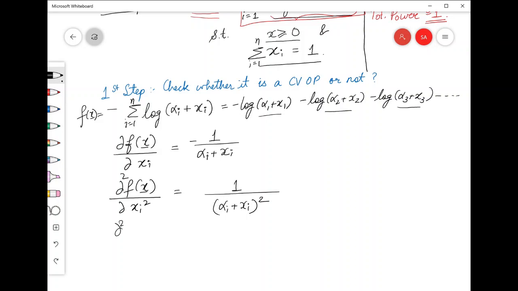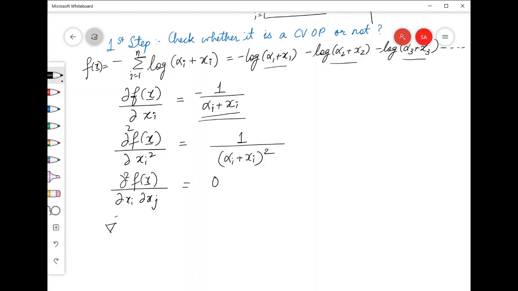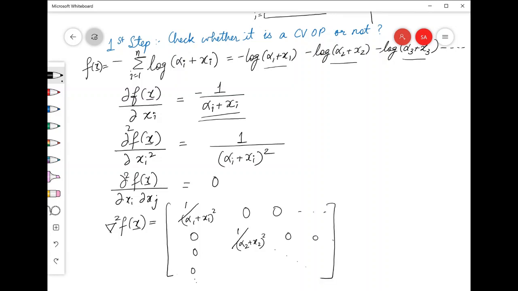What about the second derivative of f(x) with respect to x_i and x_j? This one does not depend on x_j, so it will be equal to 0. So the Hessian of this function f(x) I can write as 1 over (alpha_1 + x_1) squared, then all zeros, then 1 over (alpha_2 + x_2) squared, and so on. Only the diagonal elements will be there and the rest will all be zeros.